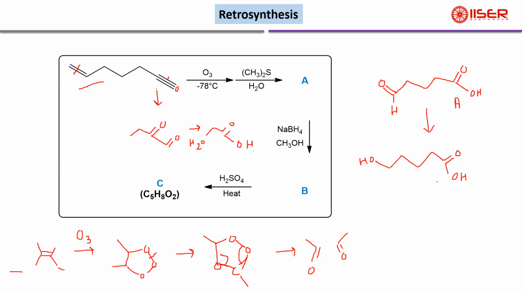Now this is our A. In the presence of NaBH4, this aldehyde will be reduced to give us this alcohol, and in the presence of H2SO4, this OH will attack this place and eliminate, and give us this lactone type of moiety.